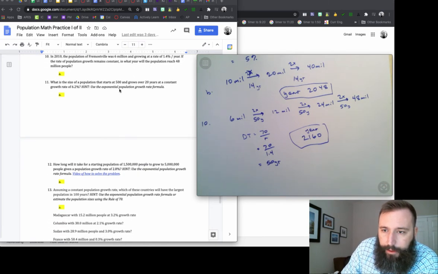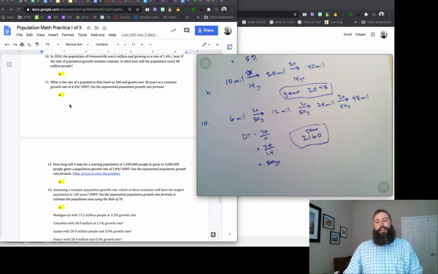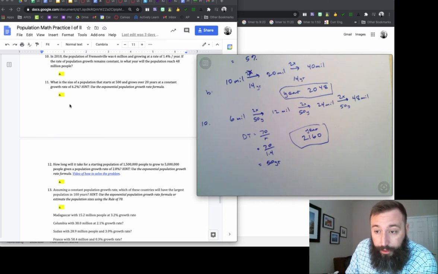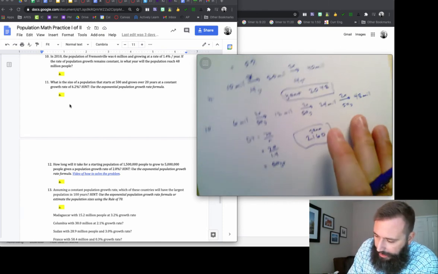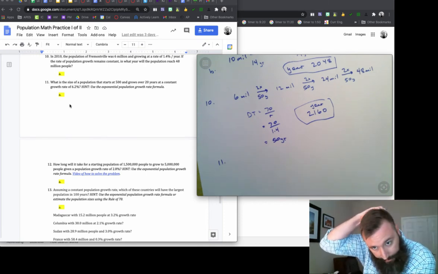Let's keep going. Let's look at number 11. What is the size of a population that starts at 500 and grows over 20 years at a constant growth rate of 6.2%? And I've given you a little hint that says use that exponential growth model in order to calculate this.